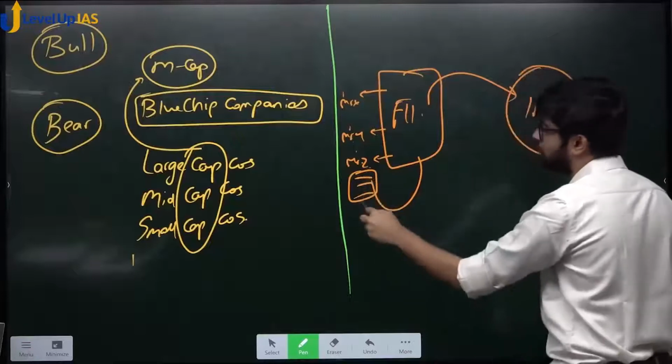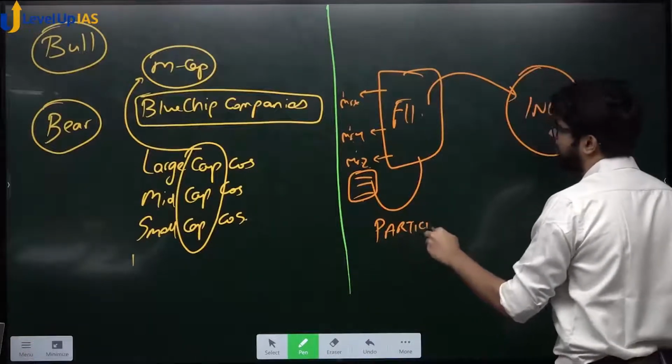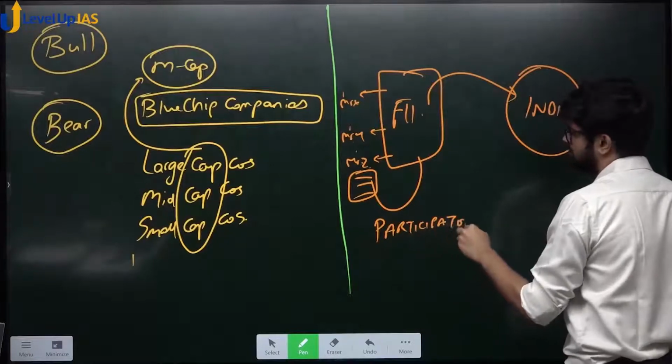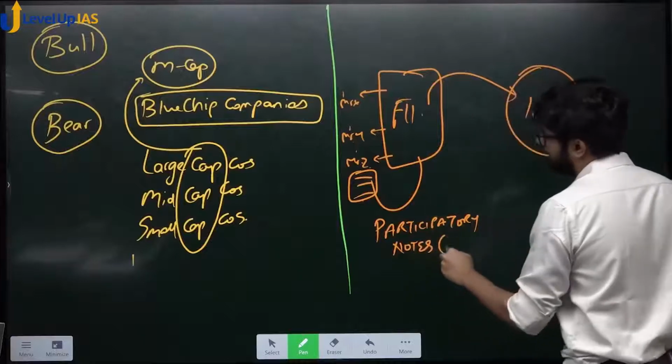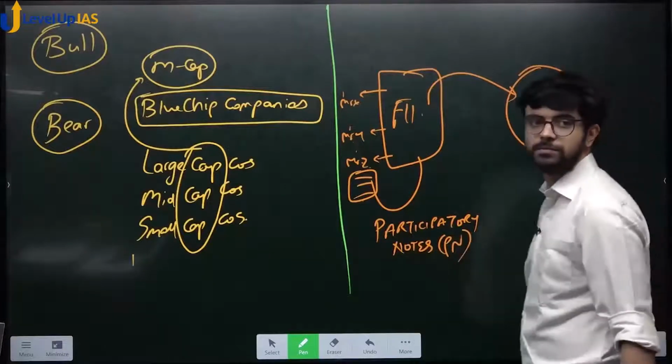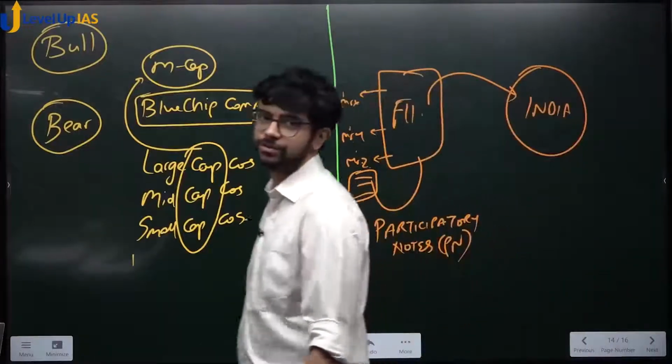These documents are called as, this we have done in balance of payments. These are called as participatory notes. You participate in our investment in India. Participatory notes.